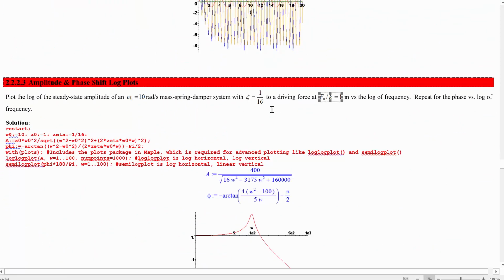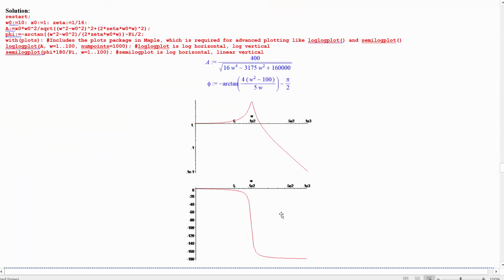So we're going to substitute those things in, make the plots, and the code for doing this with Maple is in the plots package. You have to include plots, and then you can make a log plot, new command, of the amplitude that we typed in just from that earlier function. From omega is 1 to 100, and then a semi-log plot.